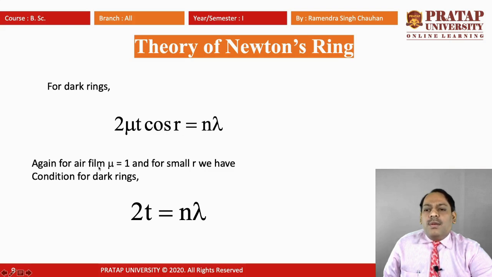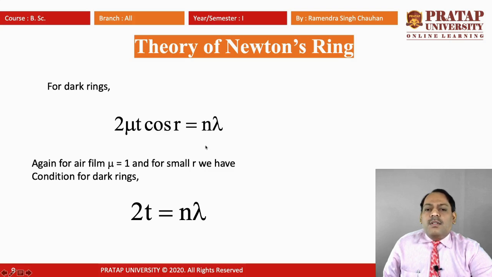Again for air film, mu is equal to 1, and for small r we have the condition for dark rings, 2t equal to n lambda. In the same way, we will have mu equal to 1 and cos r equal to 1, so we will have 2t equal to n lambda, and here we can determine this value 2 mu t cos r equal to n lambda for dark rings applying Stokes law.